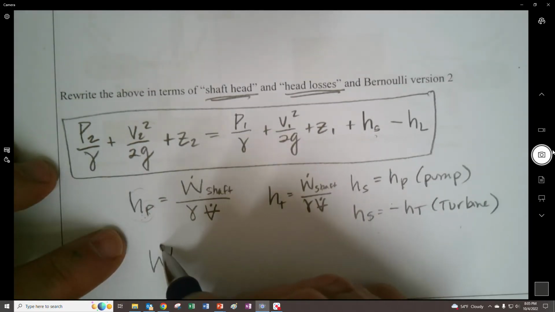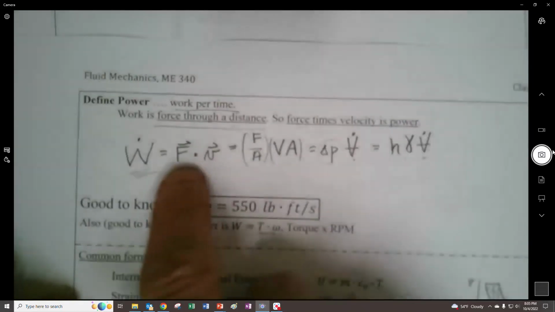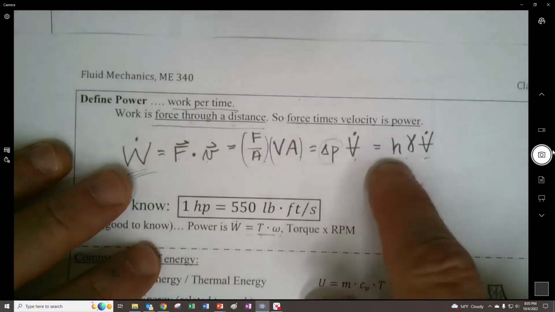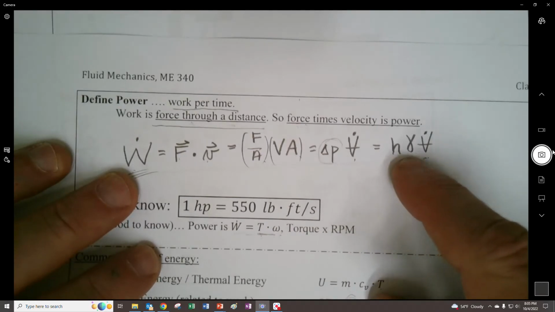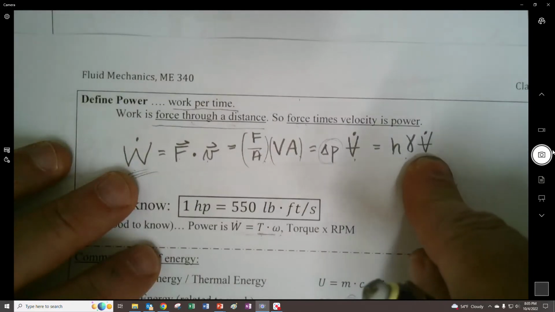So similarly, as I'd written in the previous video right here, we see that power is going to be this head times the specific weight times the volumetric flow rate.